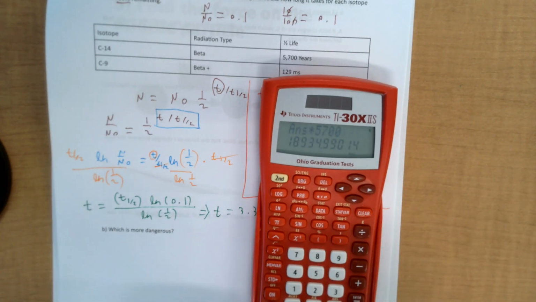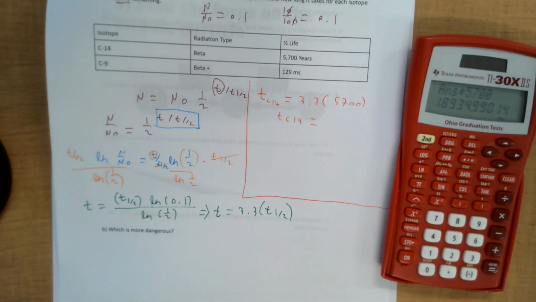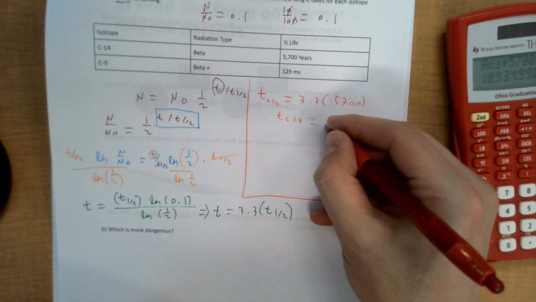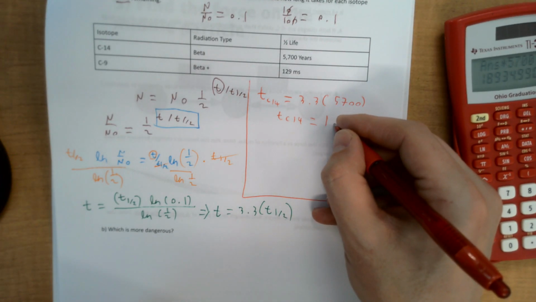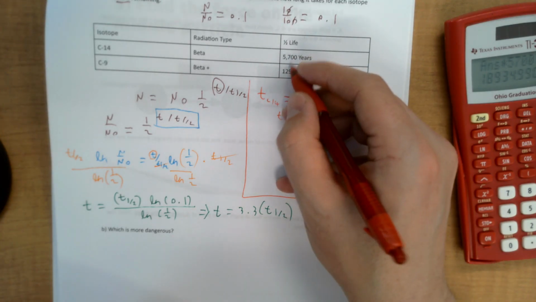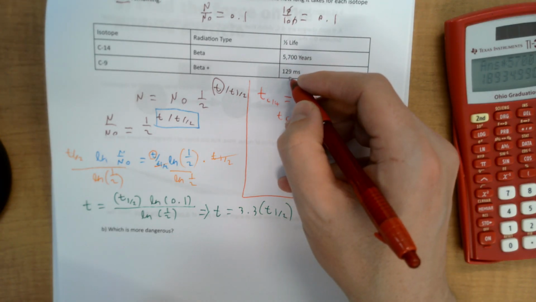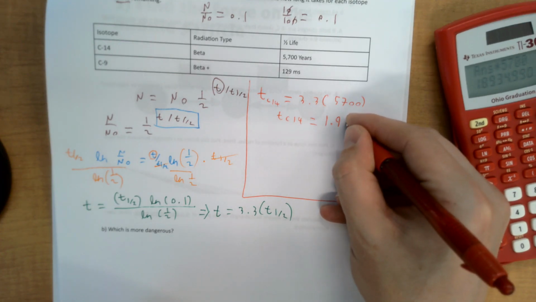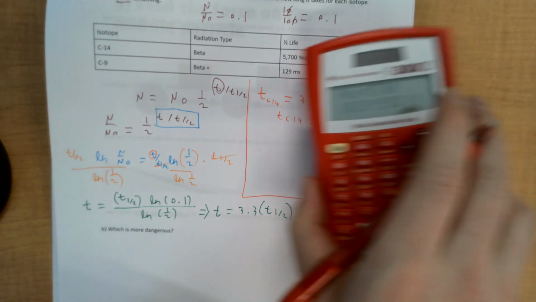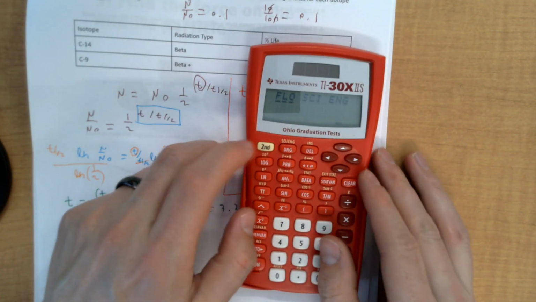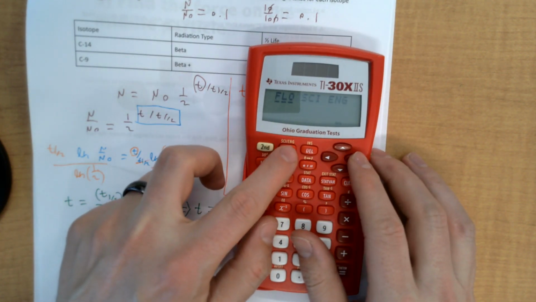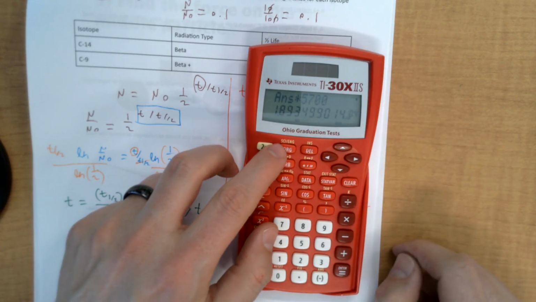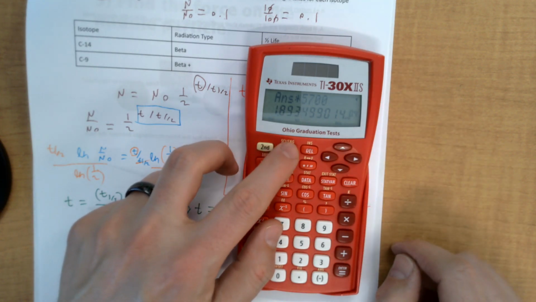That number, roughly. So I'm going to round that number. How many sig figs do we have? Let's see, that's 2, that's 3. Let's go with 2 sig figs then. 1.9 times 10 to the, again, you can always convert scientific notation this way. If you take your calculator, turn it from float to scientific, it will give you the answer in scientific notation. You don't have to actually do it yourself.